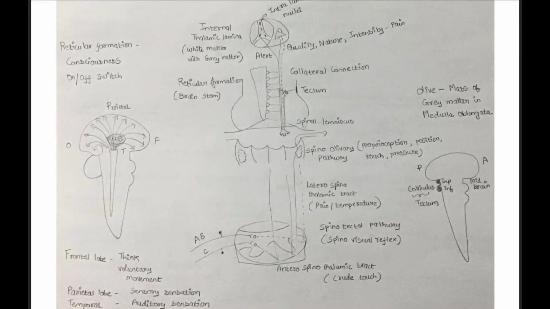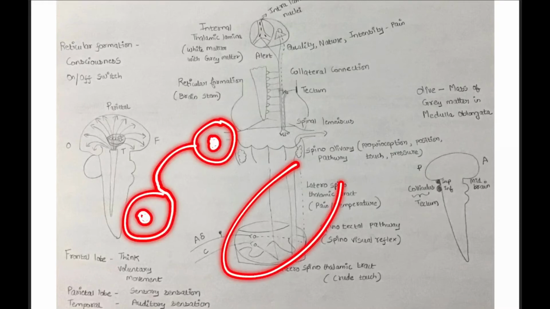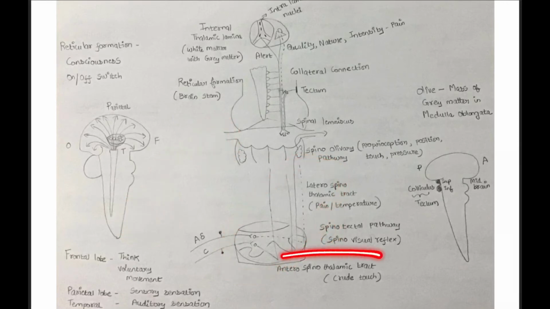But if you touch with two fingers, you will see exactly where the two fingers are. This exact sensation comes under the dorsal system. This palm touch, crude touch, comes under the anterolateral system. So the anterior spinothalamic tract function is crude touch.